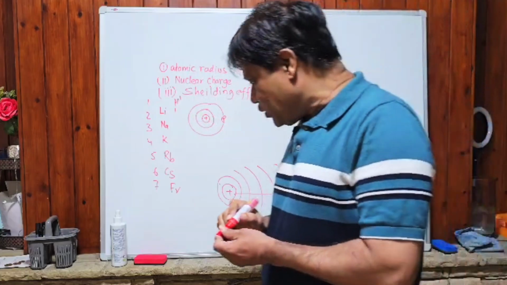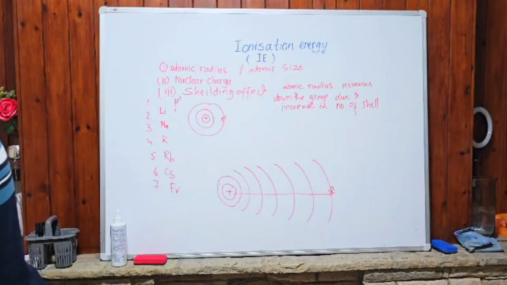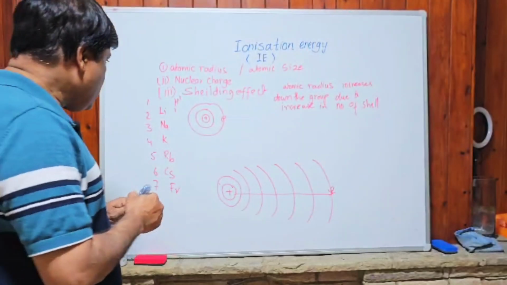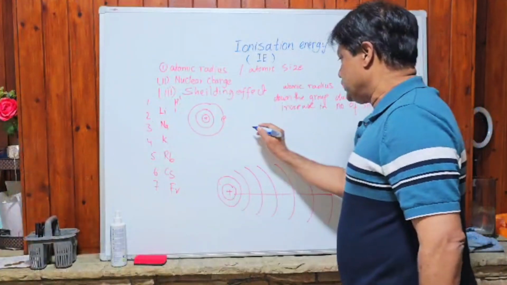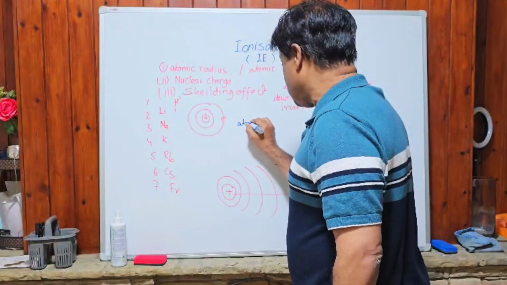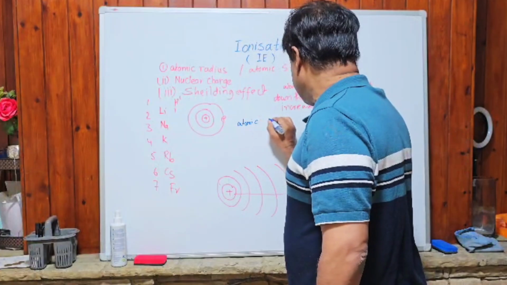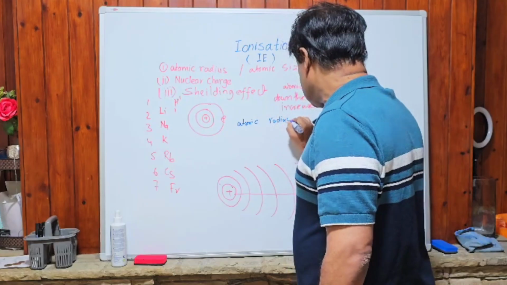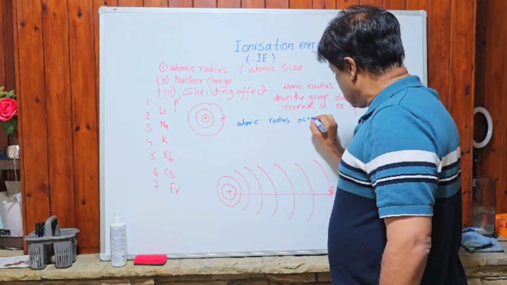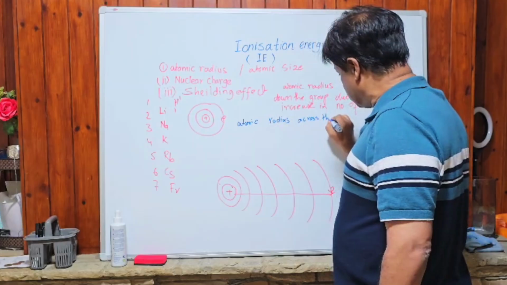Let's see what happens to the atomic radius when we move across the period. Now look at the atomic size or radius across the period.